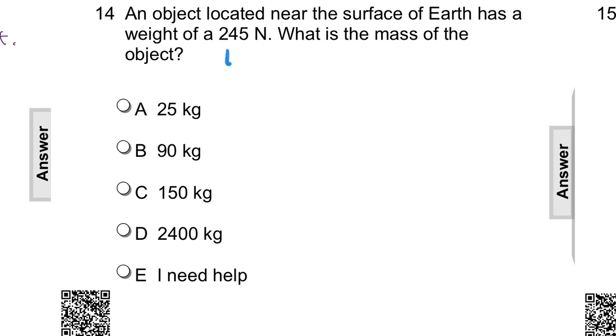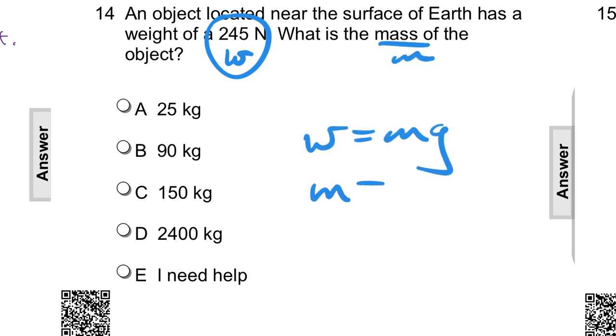So if an object weighs 245 newtons, what's its mass? W equals mg. M equals... I like to do algebra with the symbols before I put numbers in.